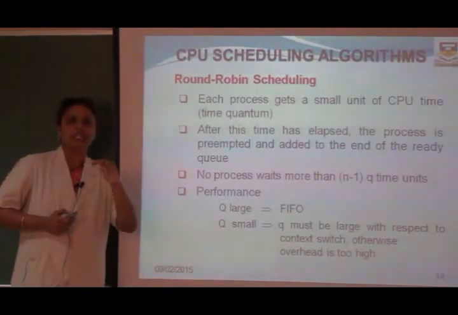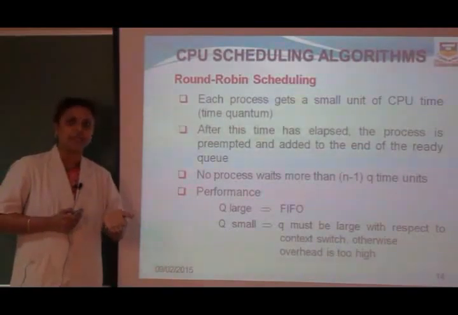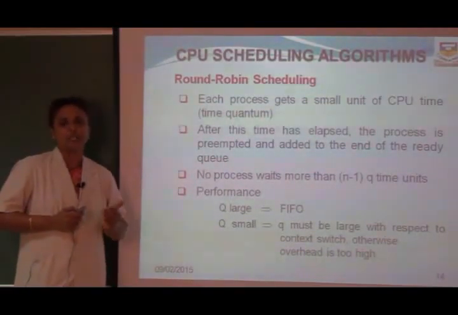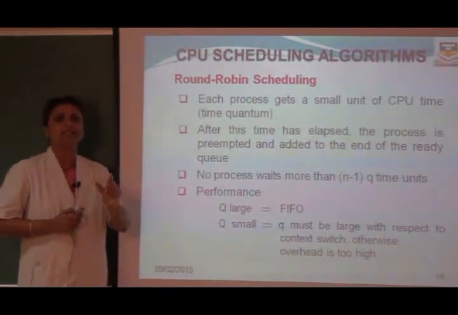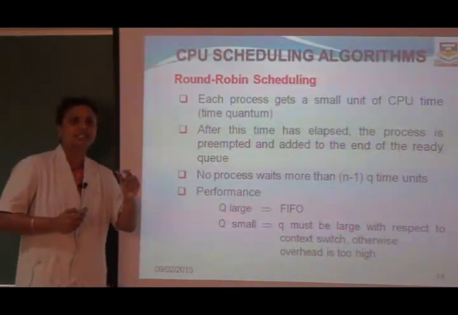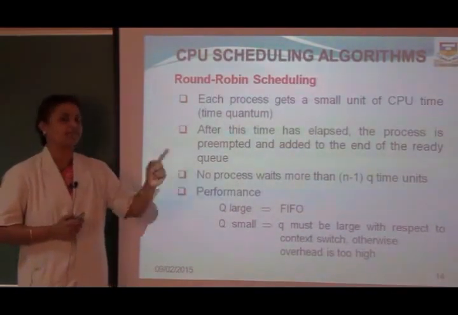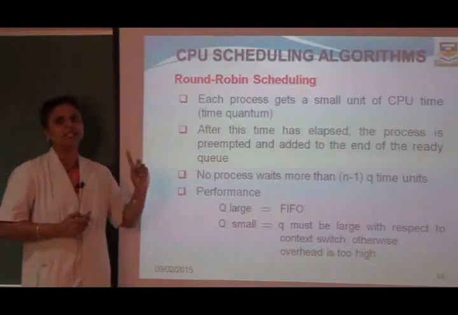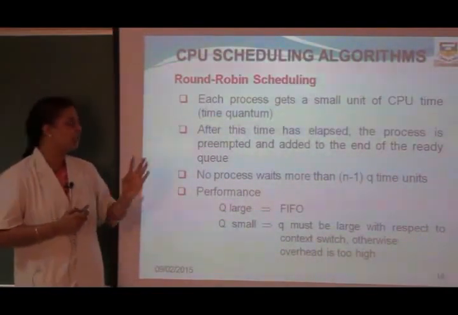Suppose a process is executing on the CPU and its execution is not completed. Once its time slice has elapsed, immediately that process is preempted from the CPU and attached to the tail of the ready queue, and the CPU is assigned to the next process available in the queue.